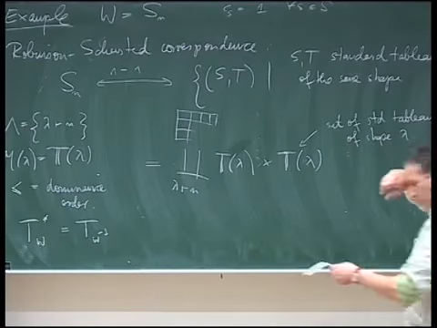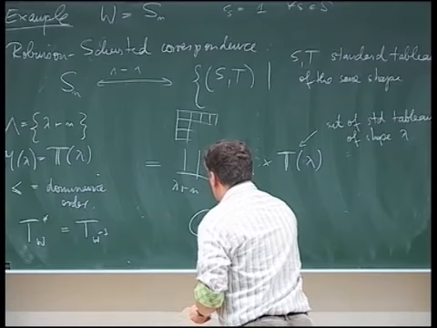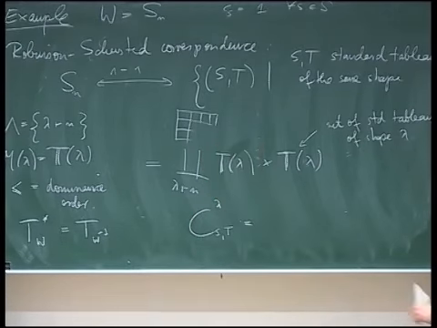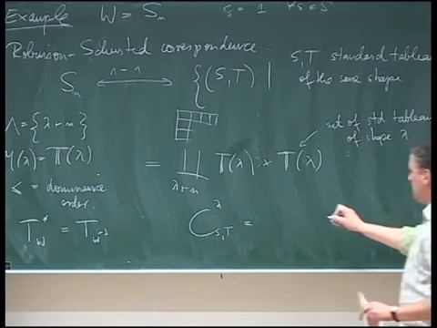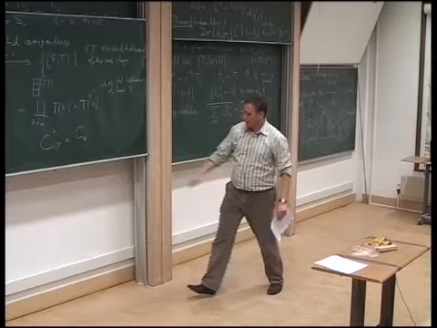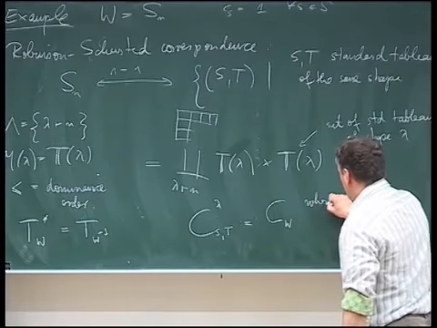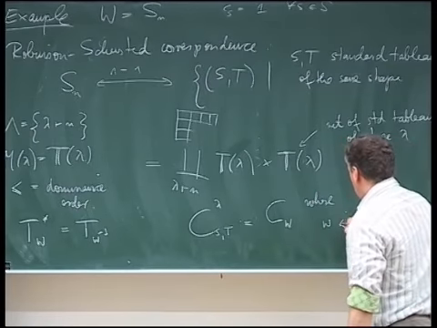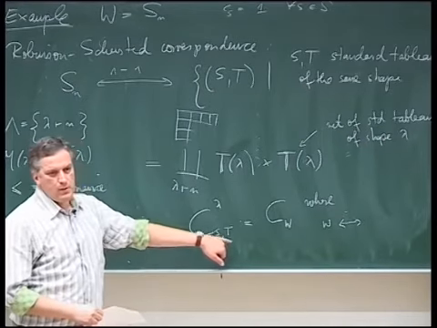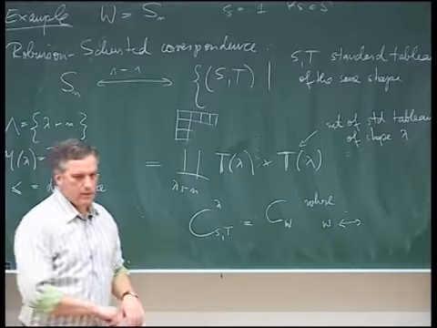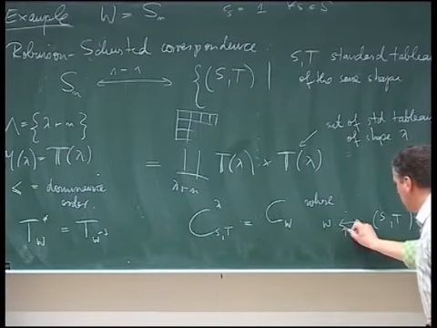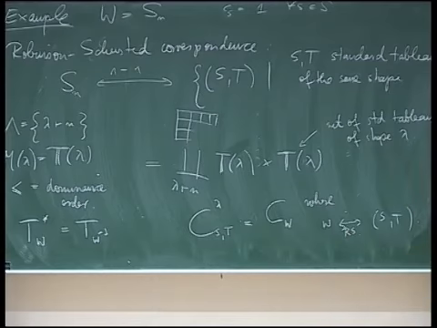And then I define C lambda ST to be the Kazhdan-Lusztig basis element CW, where W under this correspondence corresponds to the pair of standard tableaux ST under the Robinson-Schensted correspondence.